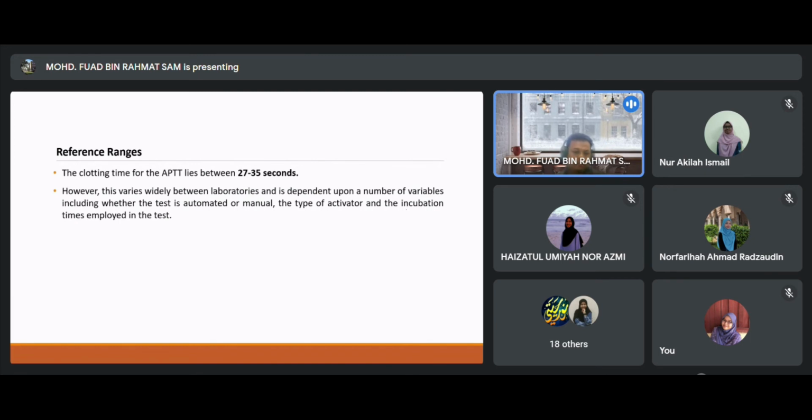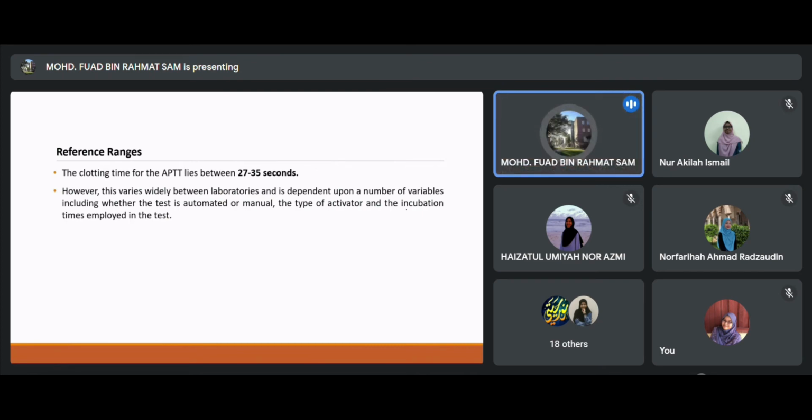If you remember, for PT the time is less than 20 seconds. However, this varies widely between laboratories and is dependent upon a number of variables, including whether the test is automated or manual, and the type of activator and the incubation times employed in the test.